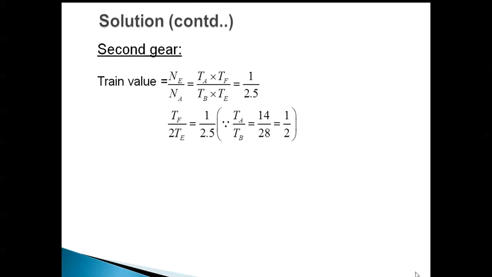So train value for the second gear is NE by NA equal to product of number of teeth on drivers by product of number of teeth on driven. So that is equal to TA into TF by TB into TE, that is equal to 1 by 2.5. So already we know TA by TB is equal to 1 by 2. When you substitute in this, 1 by 2 into TF by TE equal to 1 by 2.5.